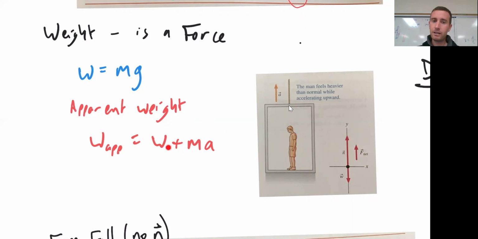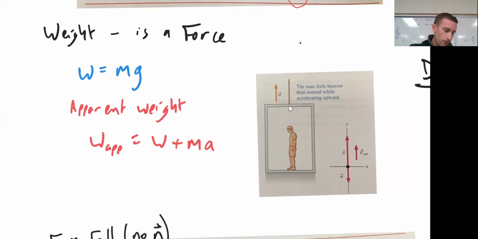Your normal weight plus your mass times the acceleration of the elevator. If the elevator is going down, it would be the opposite, right? I would take my weight minus the mass times the acceleration of the elevator, because the acceleration of the elevator is negative.